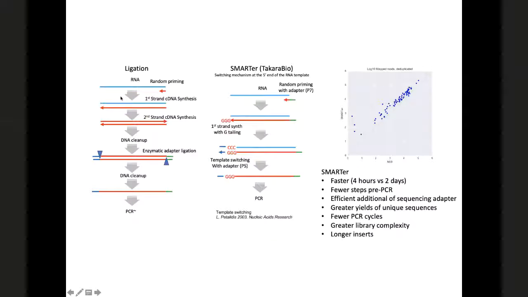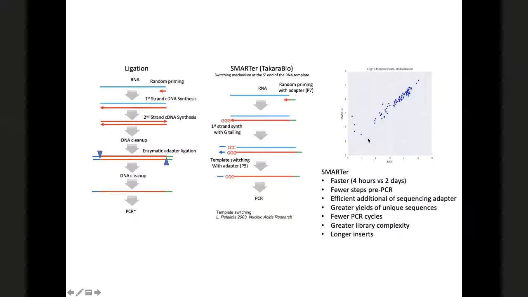You can do similar things with enzymatic ligation, but we find that this process here is much less efficient, and we learned early on that we were getting higher yields of reads. It's just as quantitative, but overall you get higher yields of reads from SMARTer than you do with the enzymatic ligation methods.